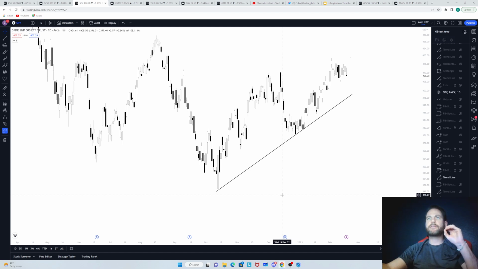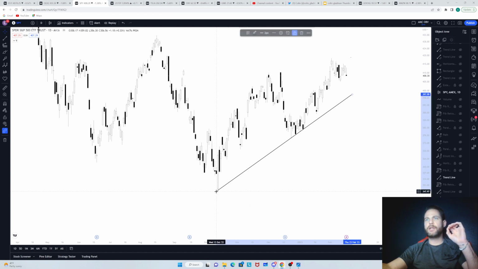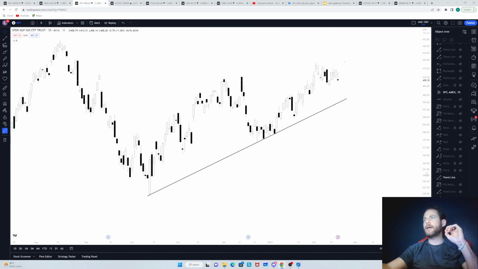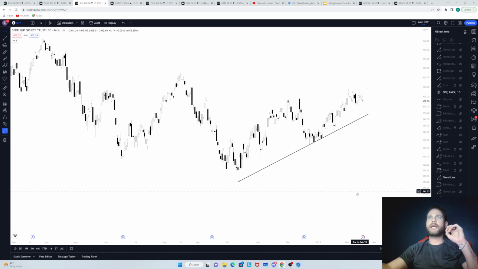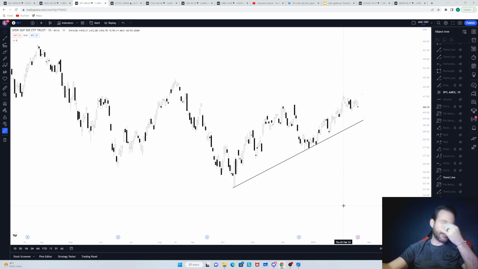Please, for the love of God, stay off of 1-minute candles. You will drive yourself crazy and you will blow up your portfolio looking at 1-minute candles all the time. All right? Learn how to take trades. I'm not going to go into it in too much detail, but it's not giving you enough information. You're going to get a lot of fake outs.